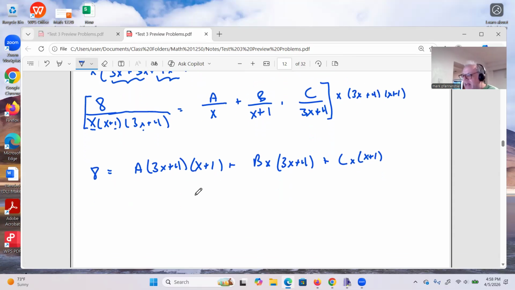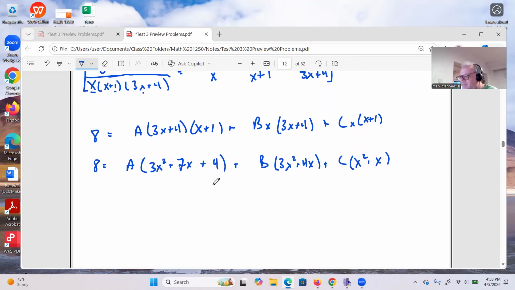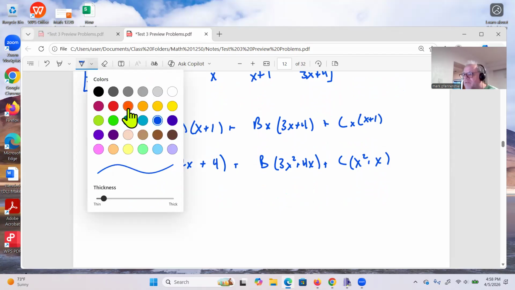Okay, let's go ahead and untangle all of this. So we have 8 equals A times 3x squared plus 4 plus 3 is 7x plus 4, plus B times 3x squared plus 4x, plus C times x squared plus x. I wrote it out that way so that we can figure out what happens with each of the different pieces.